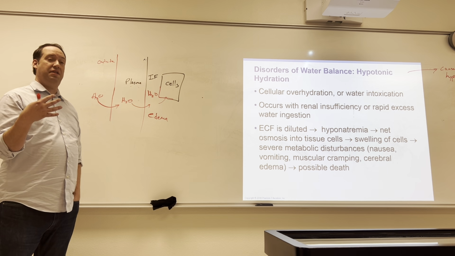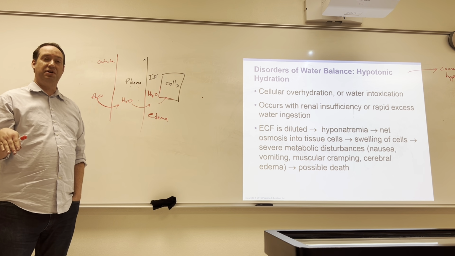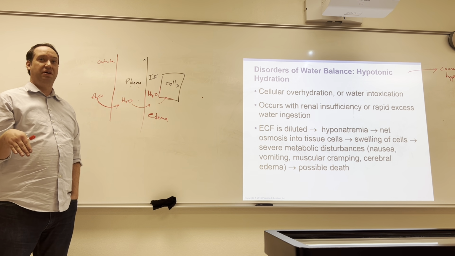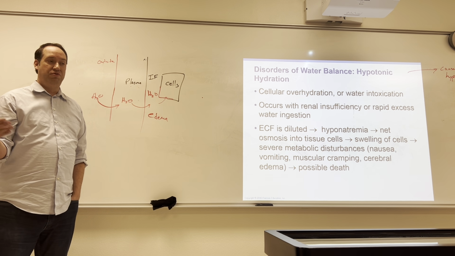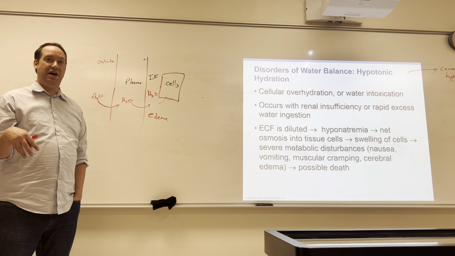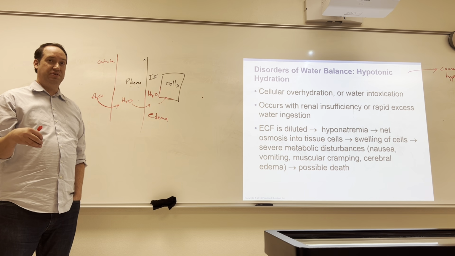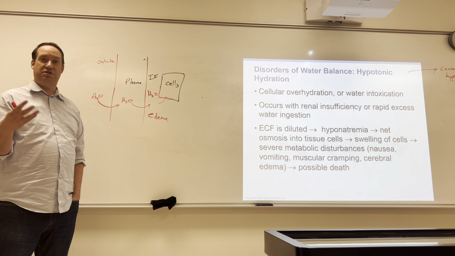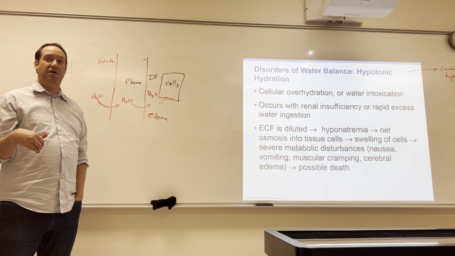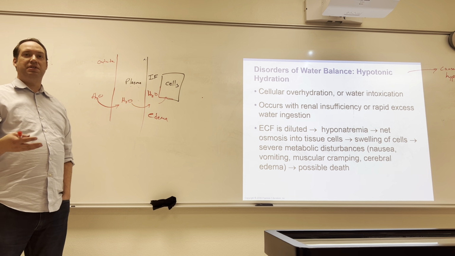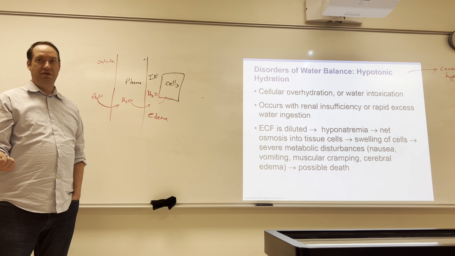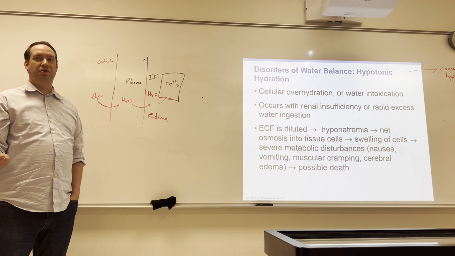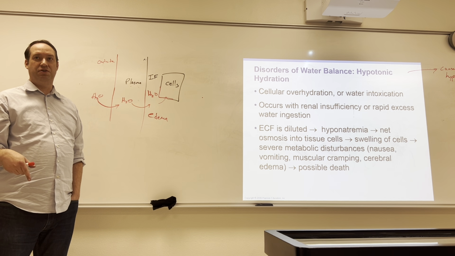Normally, to make this happen in a normal adult, you gotta be quick. Drinking a ton of water so fast that your kidneys can't get rid of it. Because right now, if you're like, I'm gonna down a gallon of water, you're probably gonna vomit. And even if you don't, you're gonna have to pee very quickly because your kidneys are just gonna fix that.